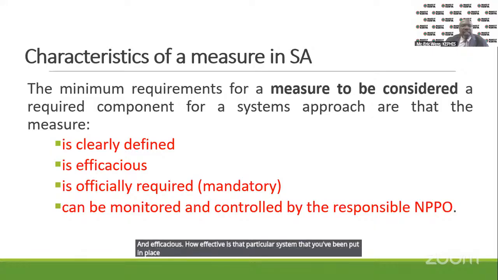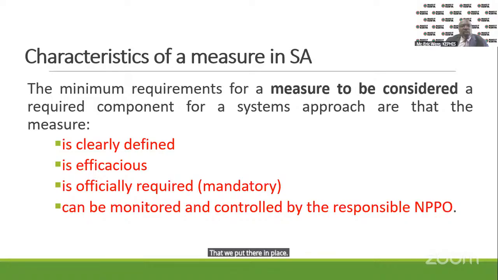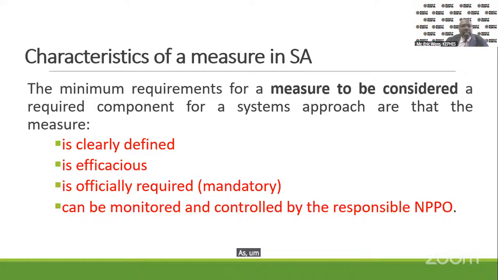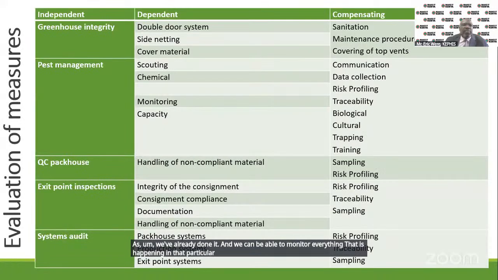How effective is that control, that critical control point that we put there in place? And of course, now we require to make it more efficient, as we've already done it, and we can be able to monitor everything that is happening in that particular system.